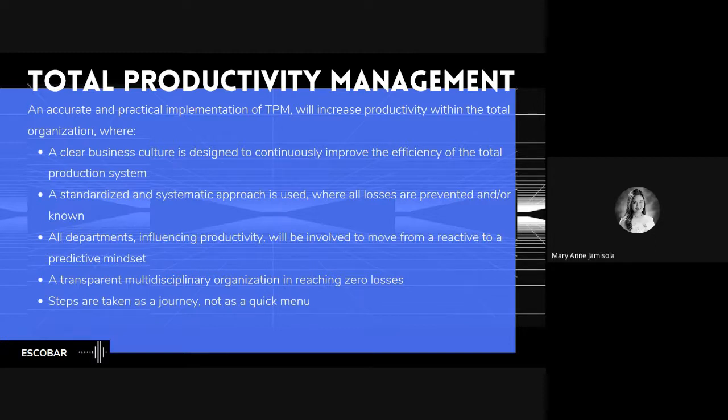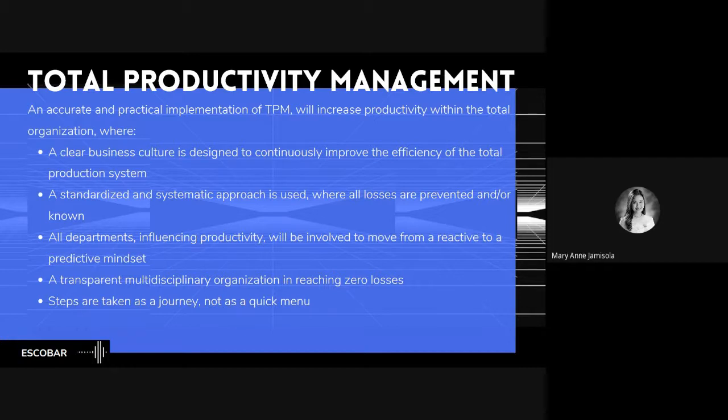An accurate and practical implementation of TPM will increase productivity within the total organization, where a clear business culture is designed to continuously improve the efficiency of the total production system, where a standardized and systematic approach is used, where all losses are prevented or known, where all departments influencing productivity will be involved to move from a reactive to a predictive mindset.